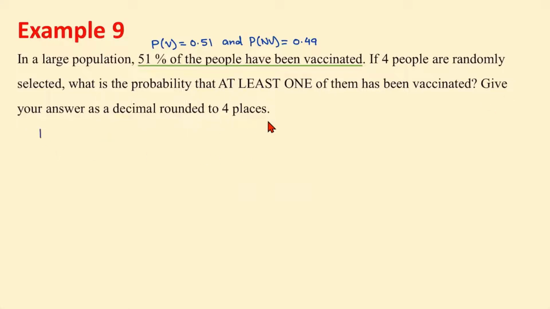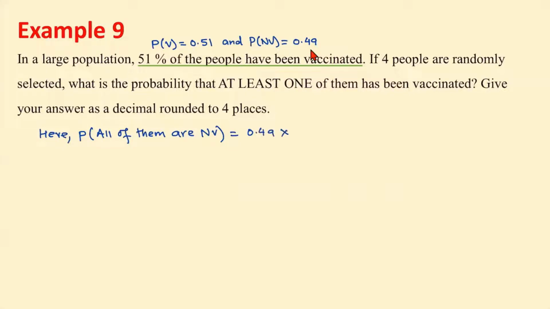First, let's find the probability. We are asked to find the probability that at least one of them has been vaccinated, so first we find the probability that all of them are not vaccinated. The probability that the first person is not vaccinated is 0.49.